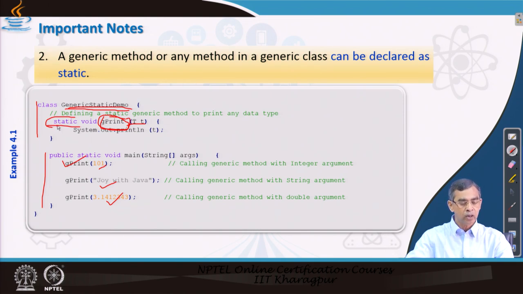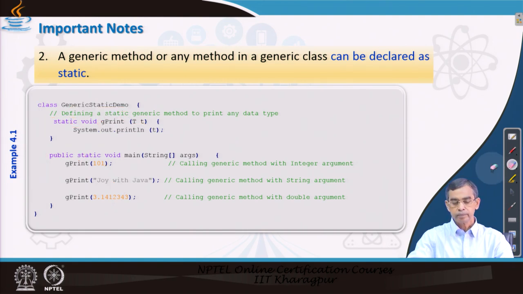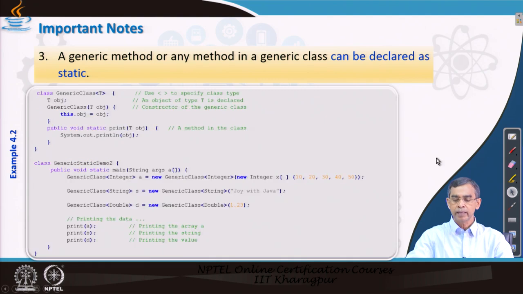If it were non-static, then we would first have to create an object, say x, and then call x dot gprint 101. But as we made the declaration static, we have the benefit that a method can be called without creating an object. So this is one point, and another is that a method can also be overloaded.